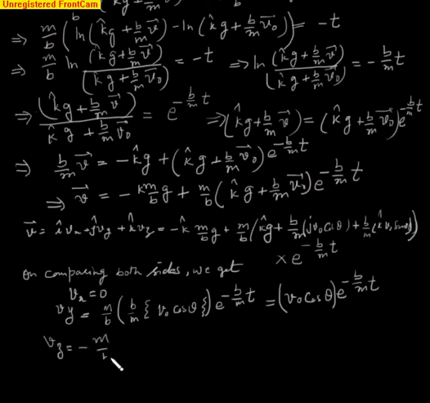So the first component is minus m over b into g, plus here we have m over b, let us write only g here because k shows the z-axis, then we have this k component plus v naught sine of theta multiplied by b over m, and let us close the bracket and multiply by this factor e to the power minus b over m into t.